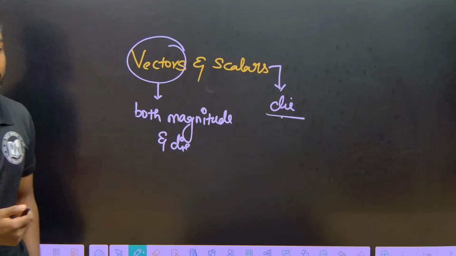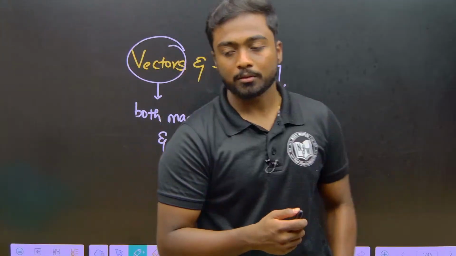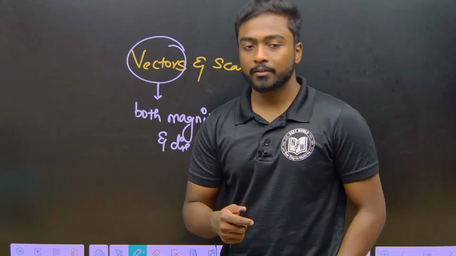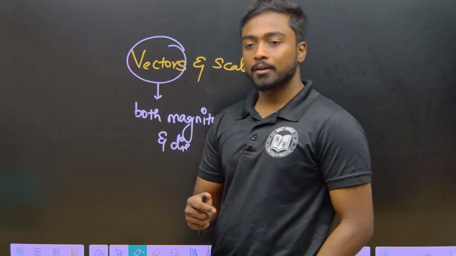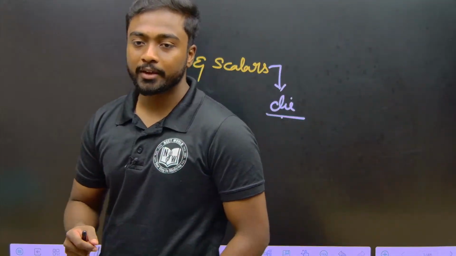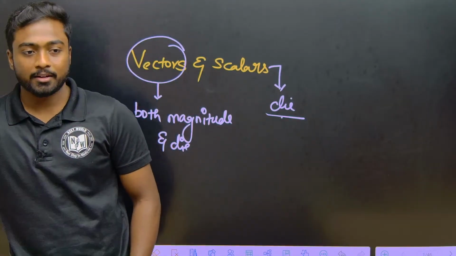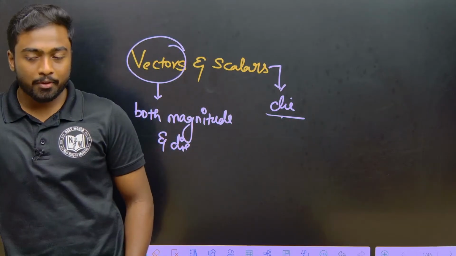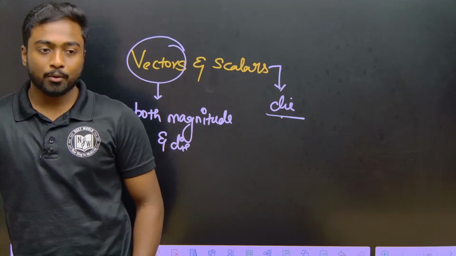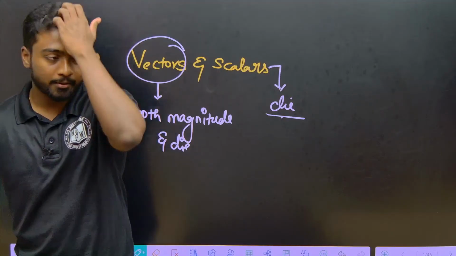For example, if an object is moving with 20 meter per second, it is a scalar. But if the object is moving with 20 meter per second in the east direction, in the sense the right direction, then it is a vector. If I mention direction, it is a vector. If I do not mention direction, it is a scalar.